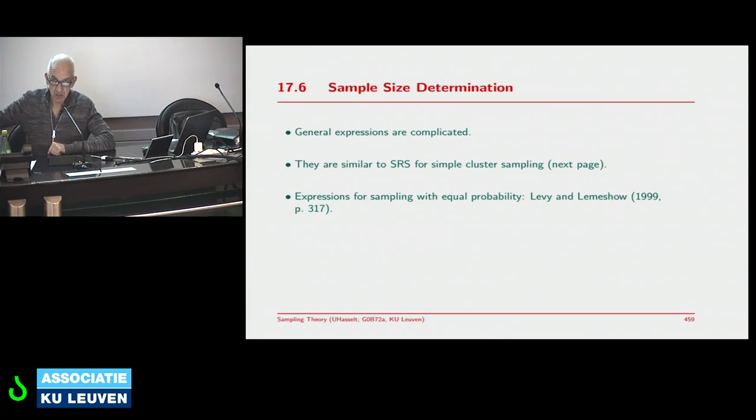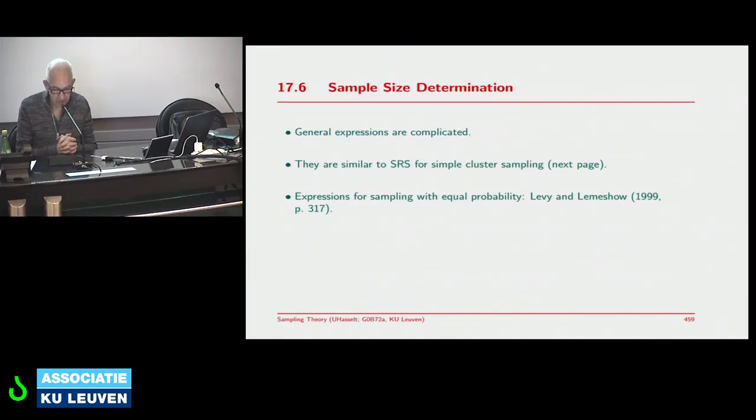And then in section 17.6, we will discuss sample size determination. Now, sample size determination, general expressions are really complicated. Unlike before, where we at least could present formulas, not to learn by heart, but to get an idea, to build up some intuition also.